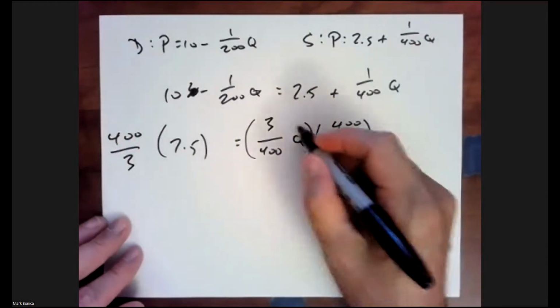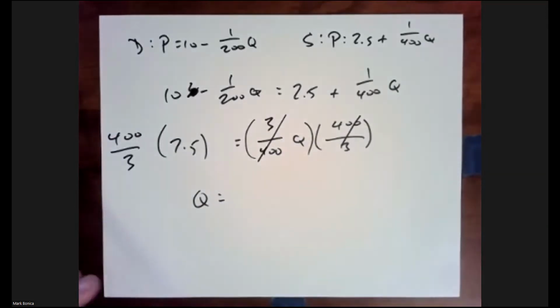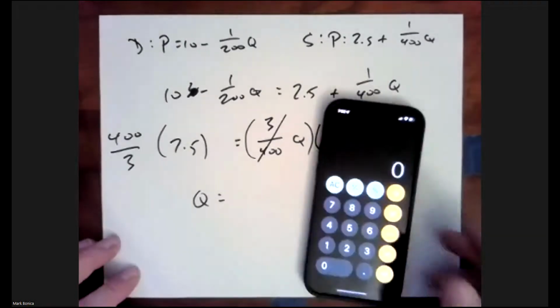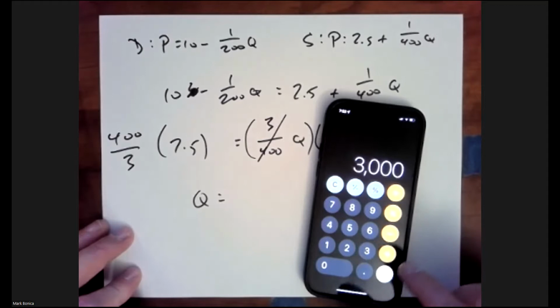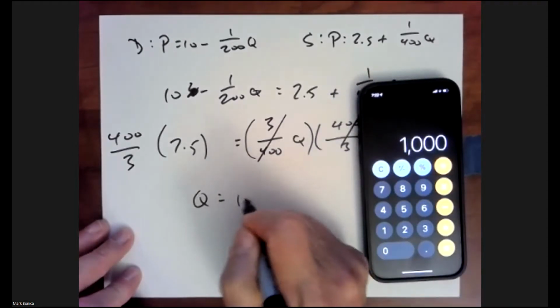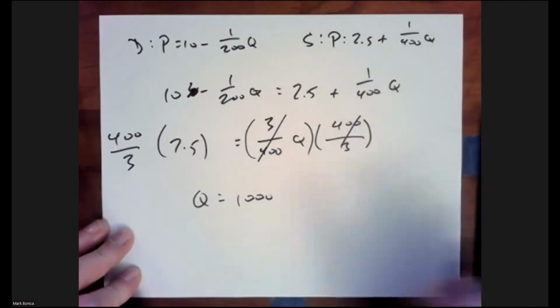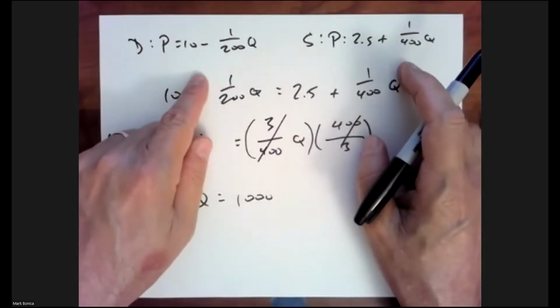And that'll let me cancel out here, and I get Q is equal to, grab my calculator, 400 times 7.5 divided by 3 equals 1,000. And then to get the equilibrium price, I plug that 1,000 into either one of these.